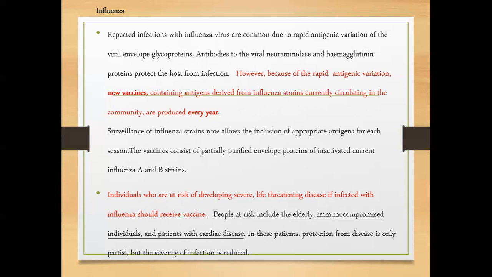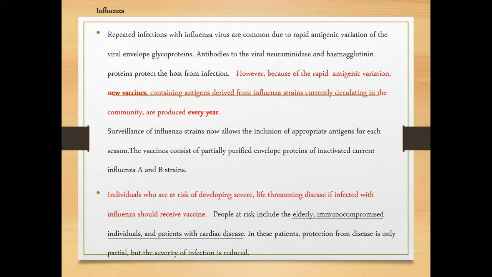For influenza, you can get repeated infections, because the virus tends to change; there are antigenic variations in the viral covering, which is a glycoprotein. There is a continuous change in that.